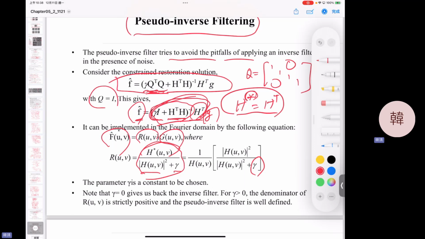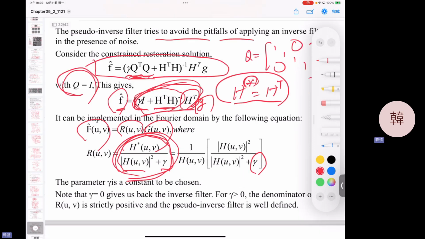So you can see our result is just like this. You take your degradation function, take the Fourier transform as the numerator, divided by H squared plus gamma, because you assume your Q matrix is the identity matrix. We design a pseudo inverse filter. So simply it becomes like this.